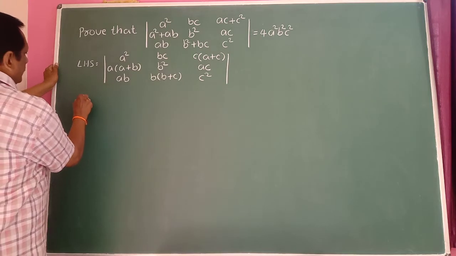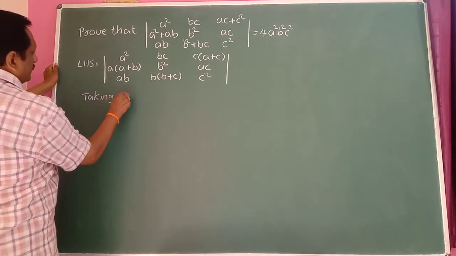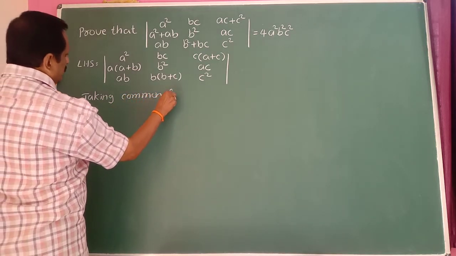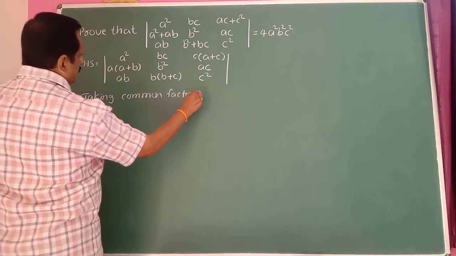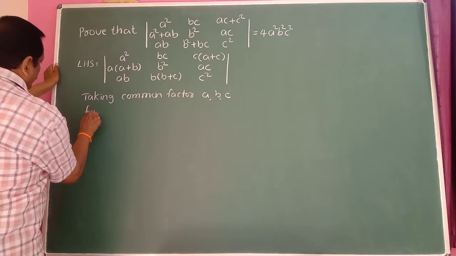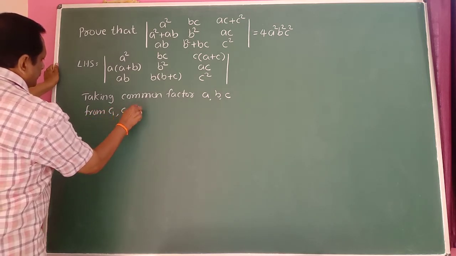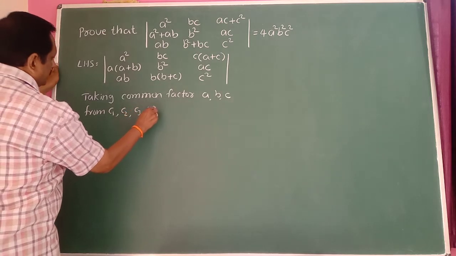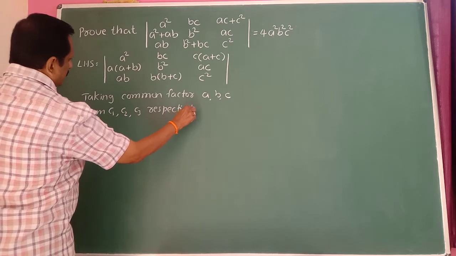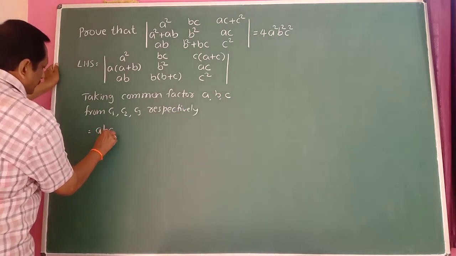Therefore, taking a, b, c as common factors from the first column C1, second column C2, third column C3 respectively, abc is common, so write abc outside.